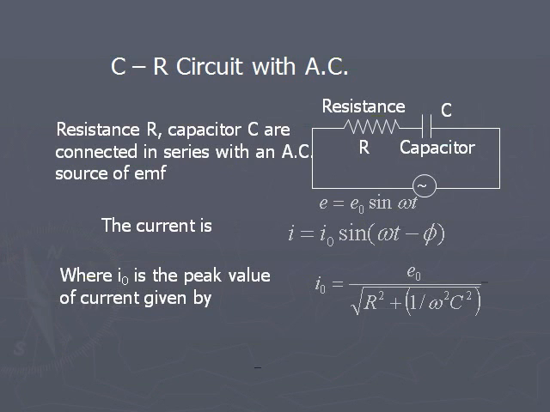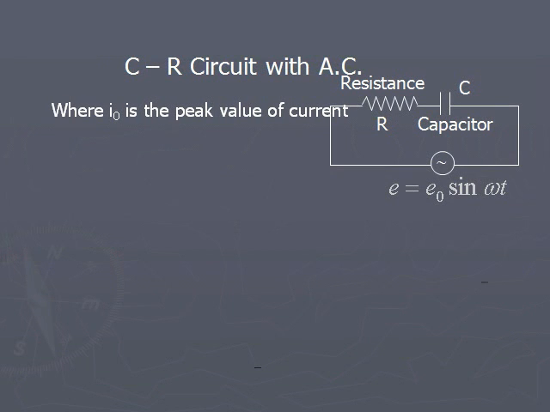I0 is the peak value of current, and it is defined by the relation I0 = E0 divided by the square root of R squared plus 1 by omega squared C squared.